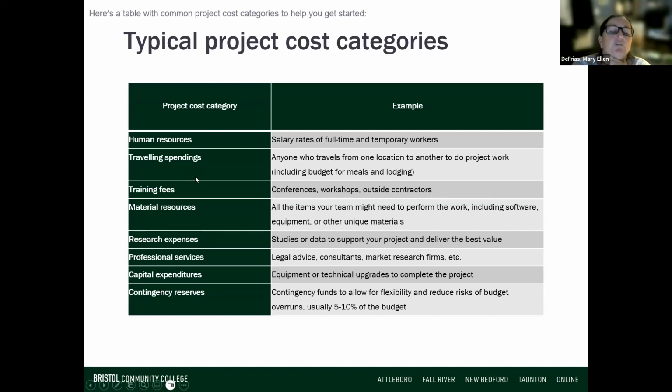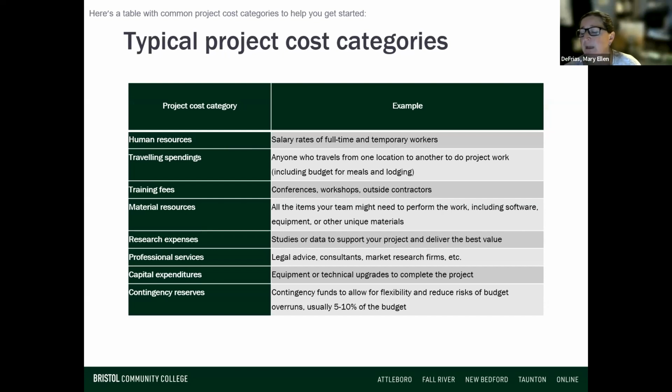So some categories you want to think about is, first of all, human resources, right? You should be at a minimum planning to pay yourself. And then other workers, whether they're temporary, full-time, part-time, whatever you need. Any traveling expenses, right?